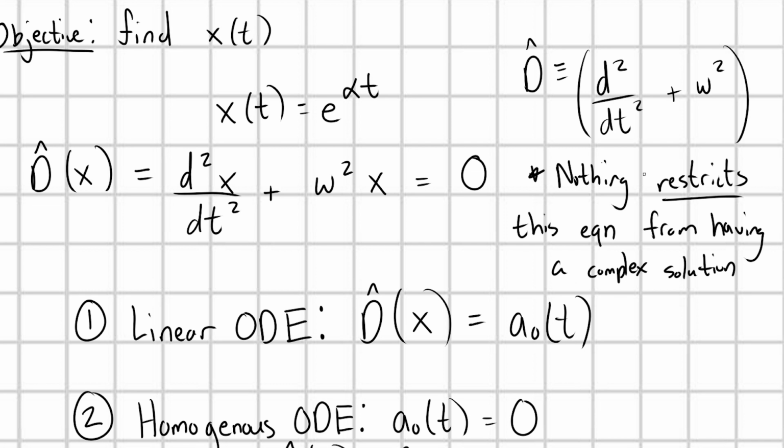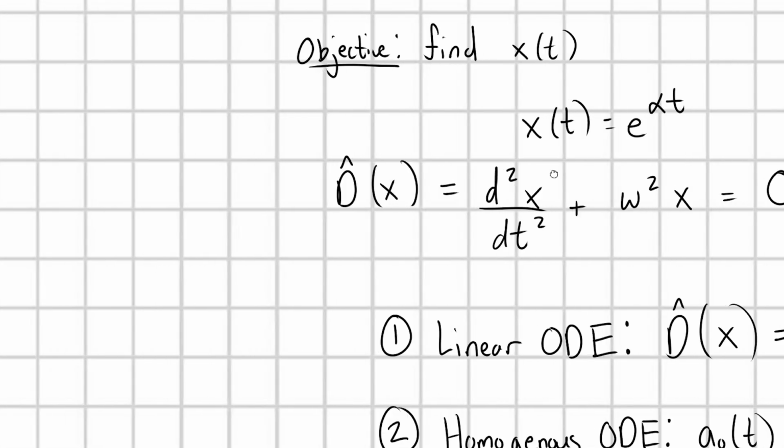Math is just math. Math lets us do anything. So why not? Maybe this differential equation has a complex solution to it. And we know undeniably that the position of a physical block should be reflected with simply a real number. So let me make this very, very clear.